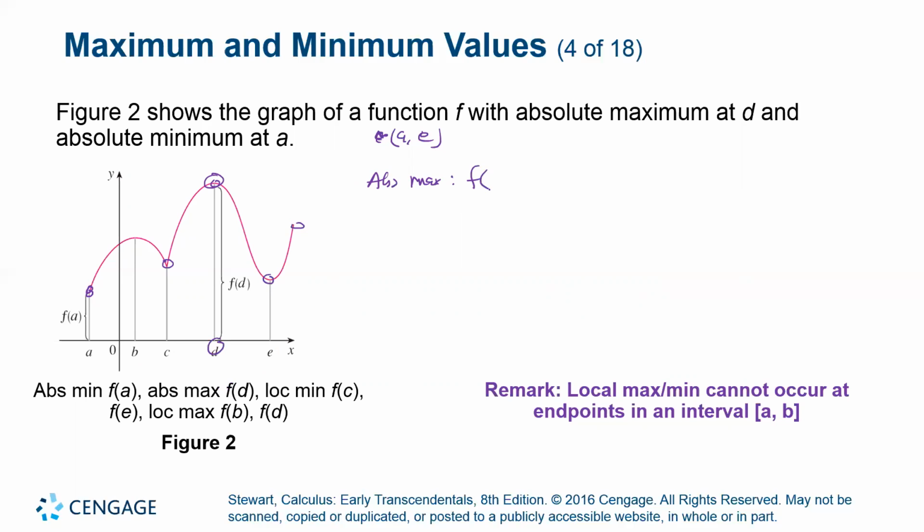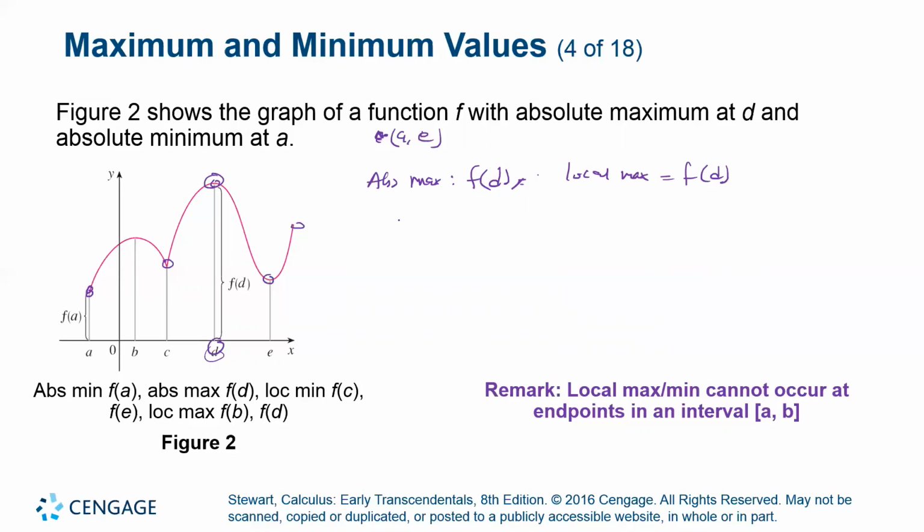Now, if my c is near the value of d, that can also be called the local maximum. So at f of d, we also have the local maximum value, which is the same f of d.